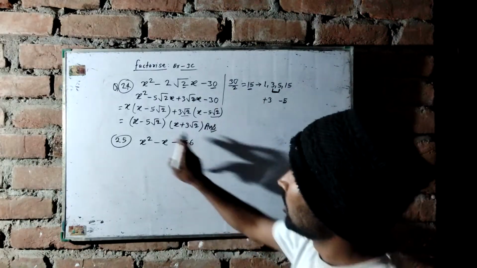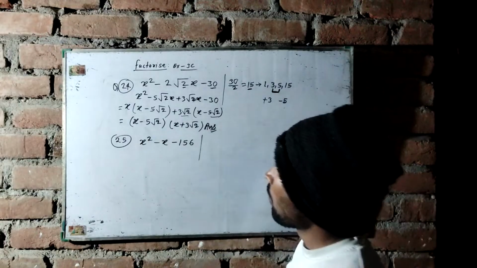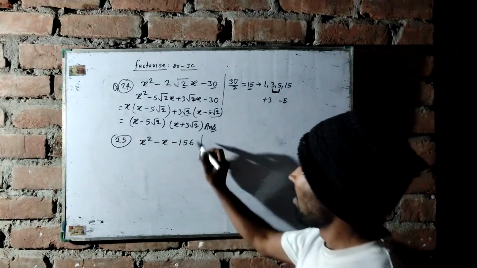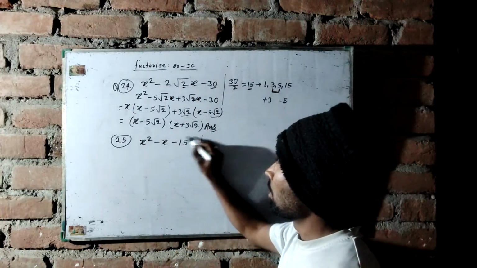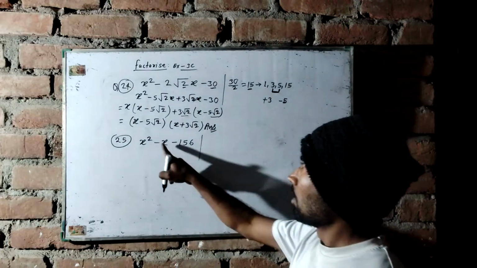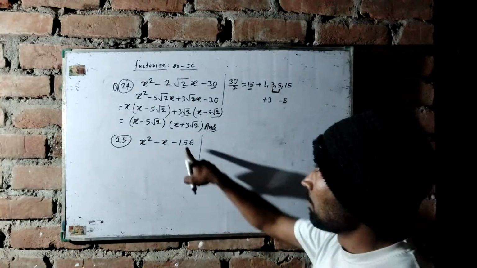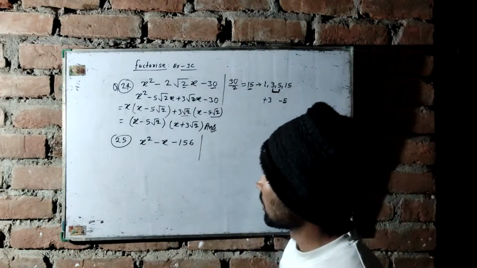For solving this polynomial, we have to find two factors of this number whose sum or difference will be minus 1 and their product will be minus 156.